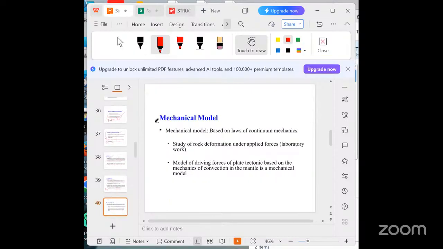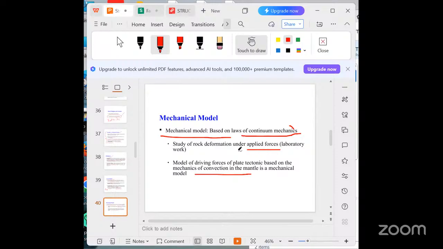Now, the mechanical model is based on laws of continuum mechanics. What is this one? Study of rock deformation under applied forces, and a model of driving forces of plate tectonics based on the mechanics of convection in the mantle.